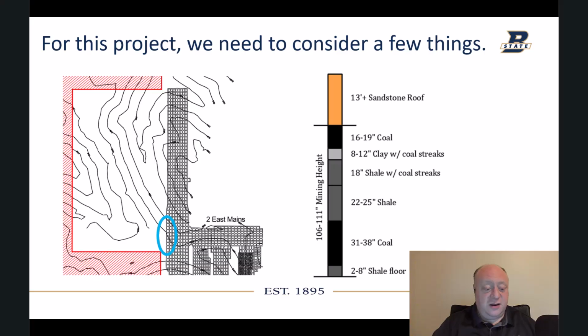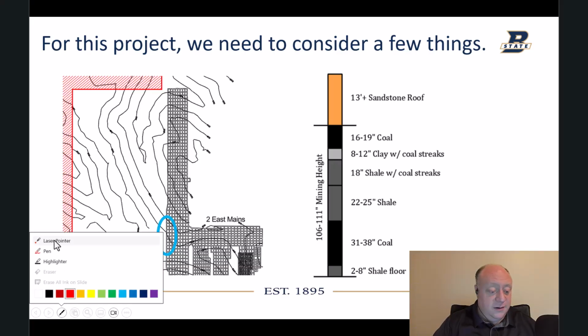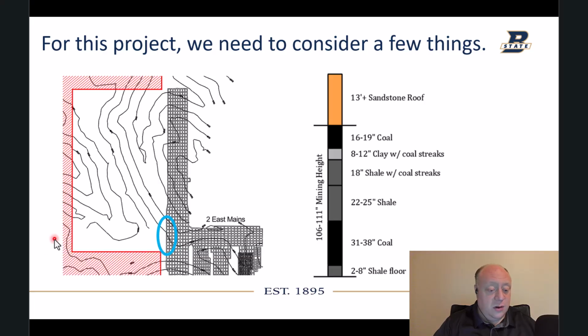For this project, we need to consider a few things. One, we know our commodity is coal. However, there is a significant amount of rock in this coal that we're going to be mining, and the mining height is pretty significant, right? It's 111 inches, which is basically 9.25 feet.